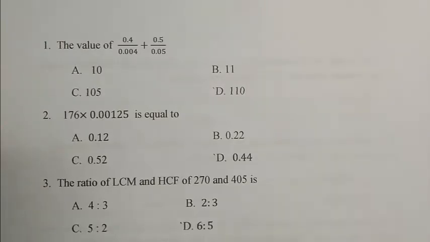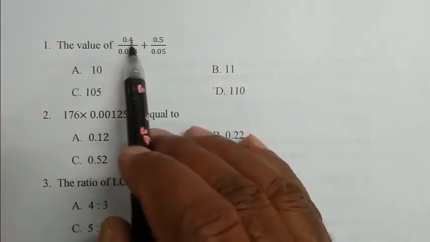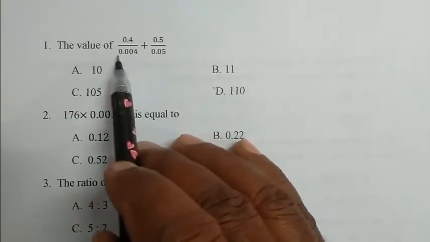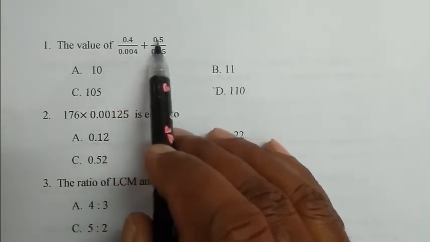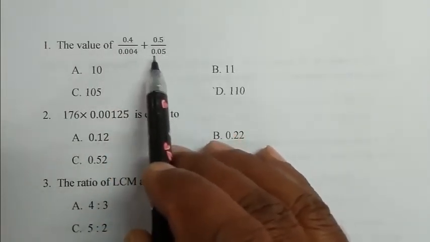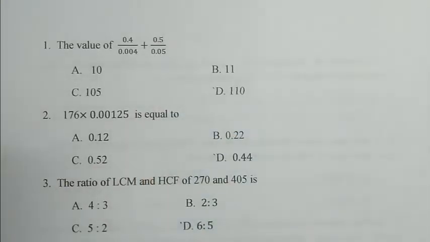Question number 1. The value of 0.4 divided by 0.004 plus 0.5 divided by 0.05.